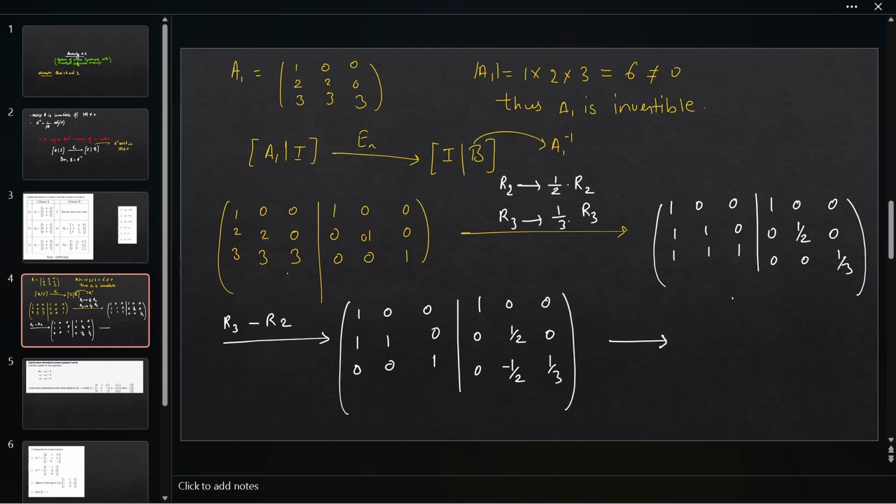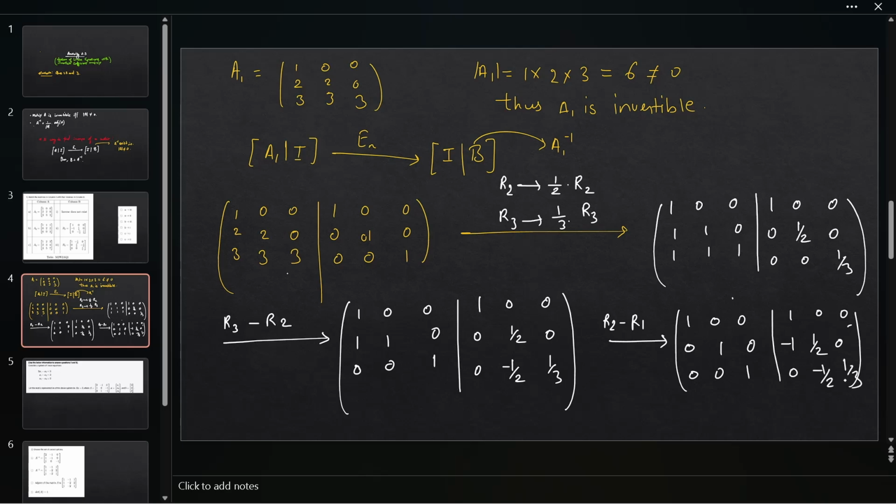And then one last operation, that is R1 minus 2 times R2. That would give us 1, 0, 0, 0, 1, 0, and 0, 0, 1.